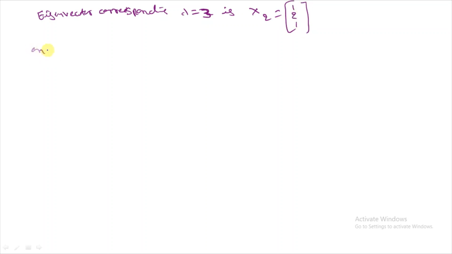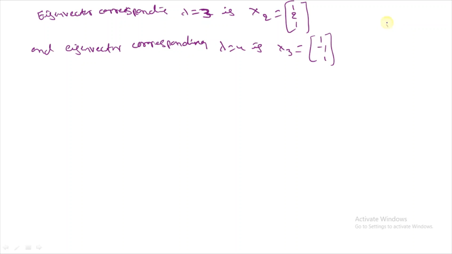Similarly, for lambda equal to 3, the eigenvector x2 is 1, 2, 1. I'm writing directly the eigenvectors and eigenvalues. For lambda equal to 4, x3 is 1, minus 1, 1.